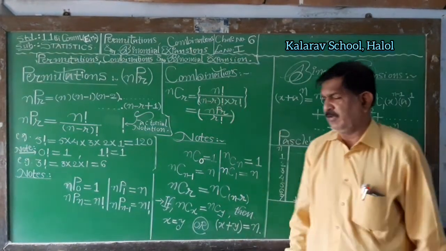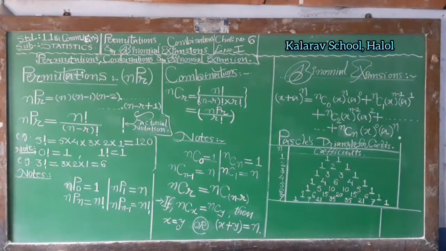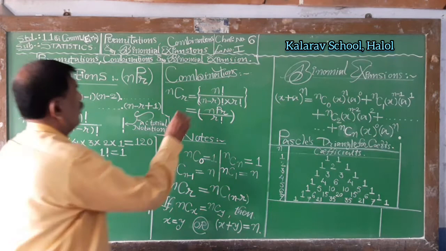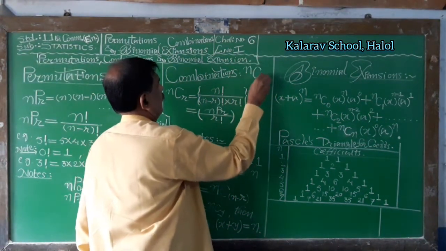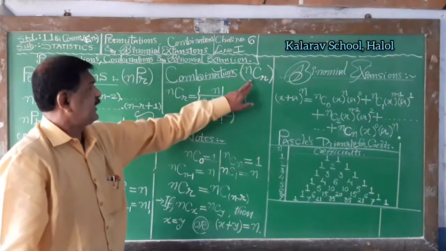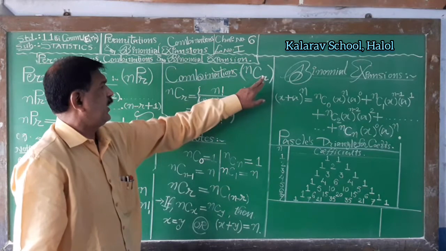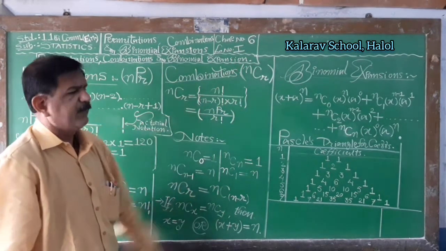Now combination. Combination means selection, and selection is denoted by nCr. Selection of r items or r persons out of given n items or n persons.